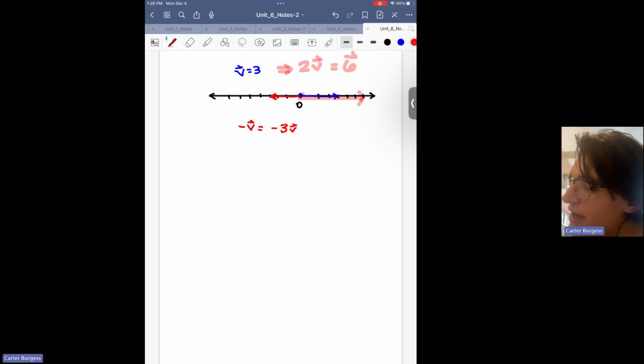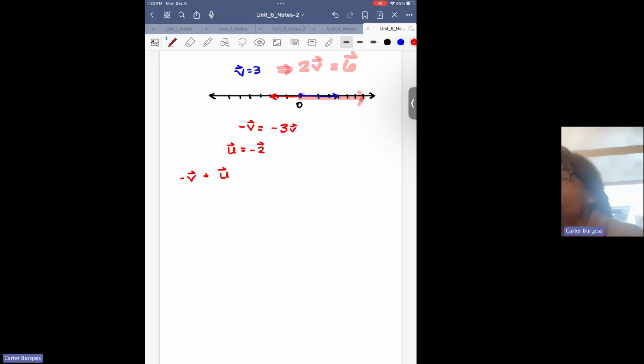And the way we add vectors, for instance, let's say that u is equal to -2, and we'll do -v plus u. Then the very simple thing that we can think of for following these instructions is first we follow v. So we take v out to -3, and from where v ends, we then follow u.